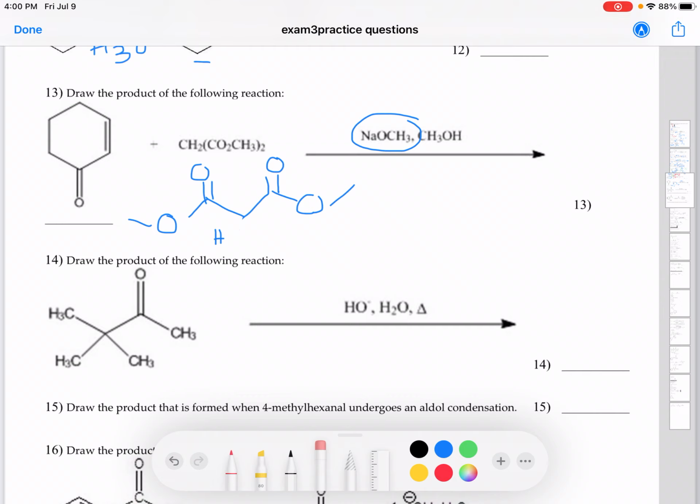Once the anion is formed, this can react with this guy. Like this is going to attack that carbon, and it continues because it's all conjugated.